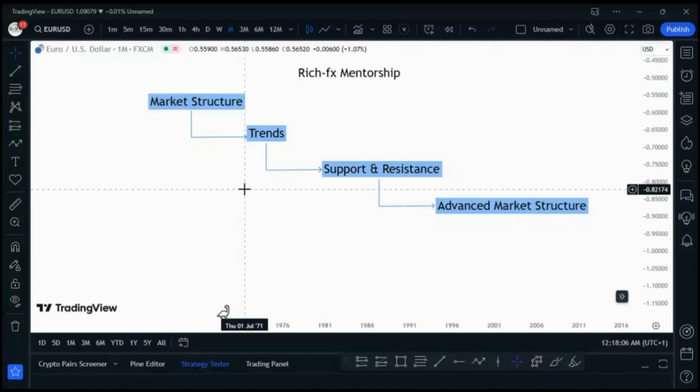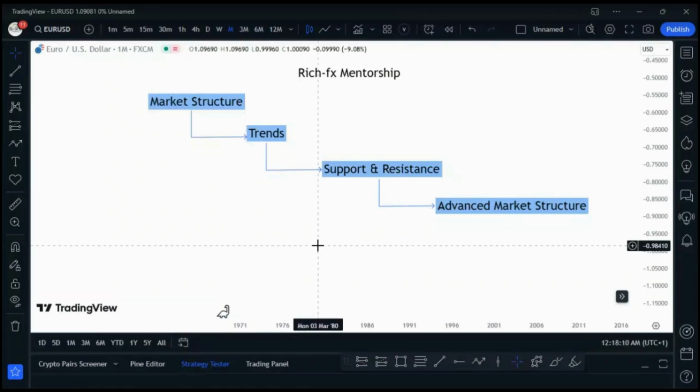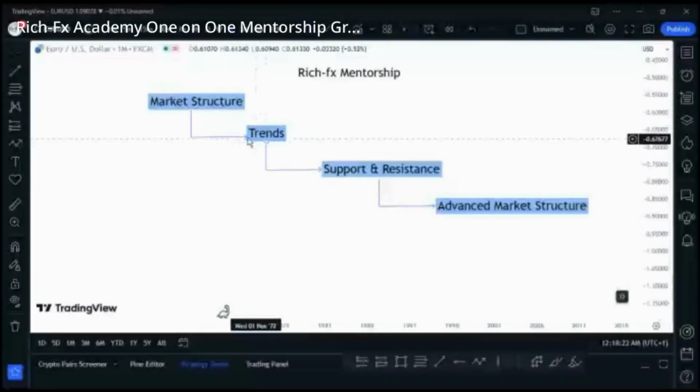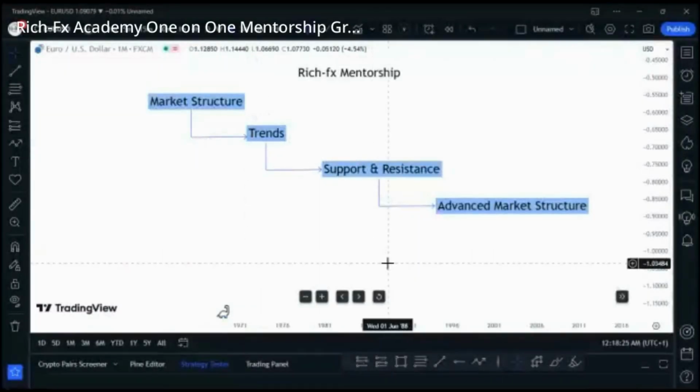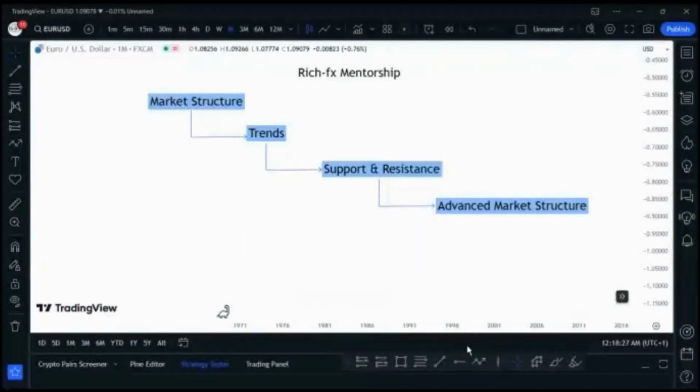Now, under the market structure, we have what we call the trend lines, the trends. The market structure can be classified into different categories like trends. Under these trends, we basically have a few things that comprise these trends.